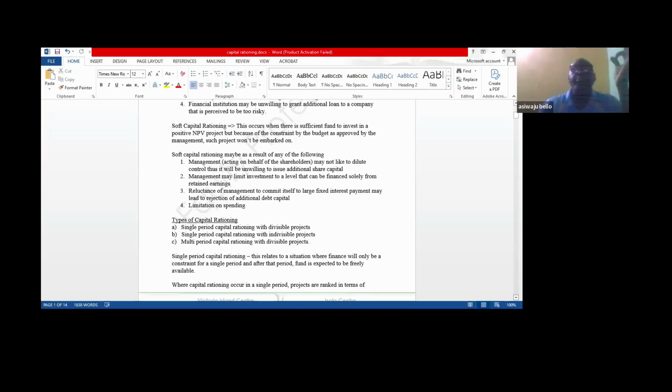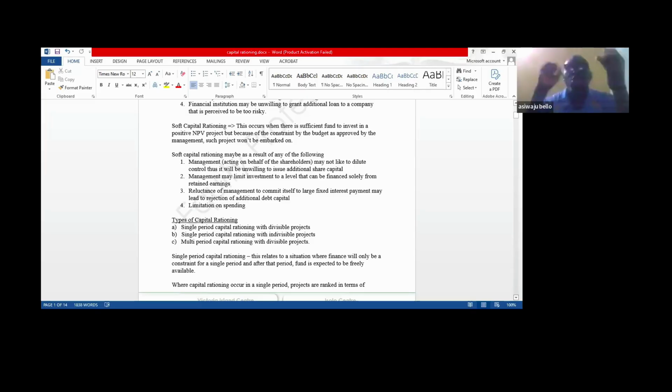Number two, at times, management may limit investments to the level that can be financed solely from retained earnings.